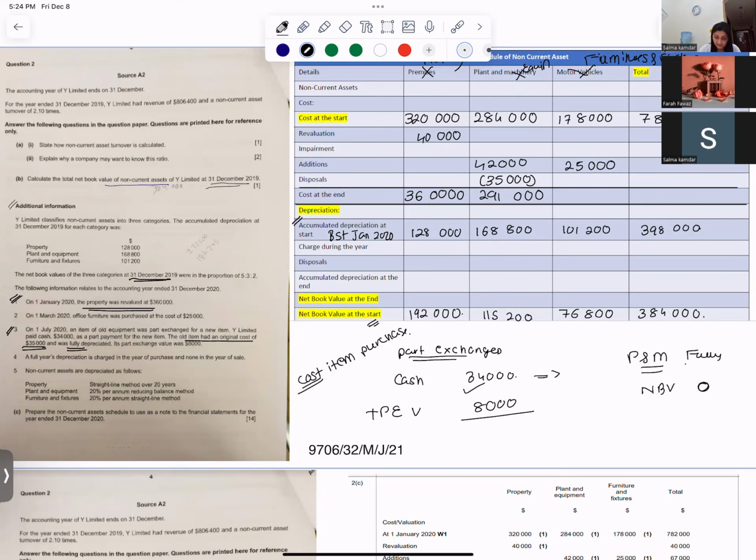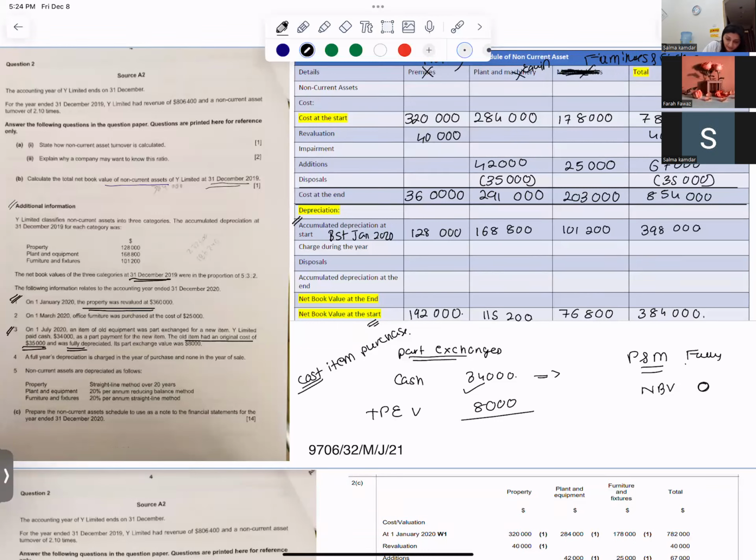So now for motor vehicles, can you give me this furniture and fixtures at the end? 203,000. So your total cost at the end is 854,000. This is 40,000. This total is 67,000, and you will minus 35,000. Are you with me?